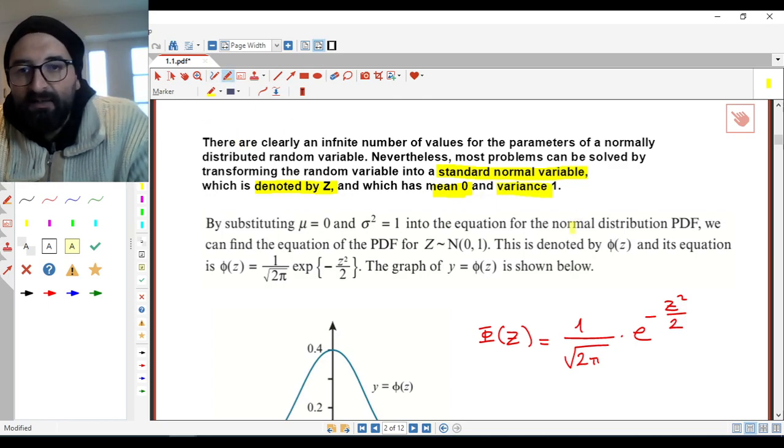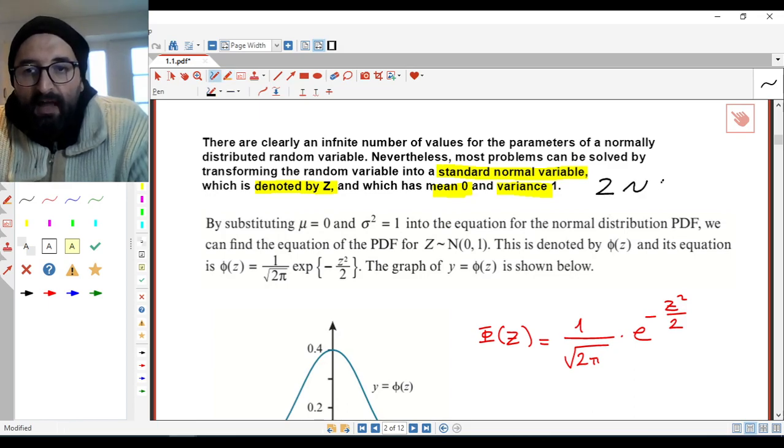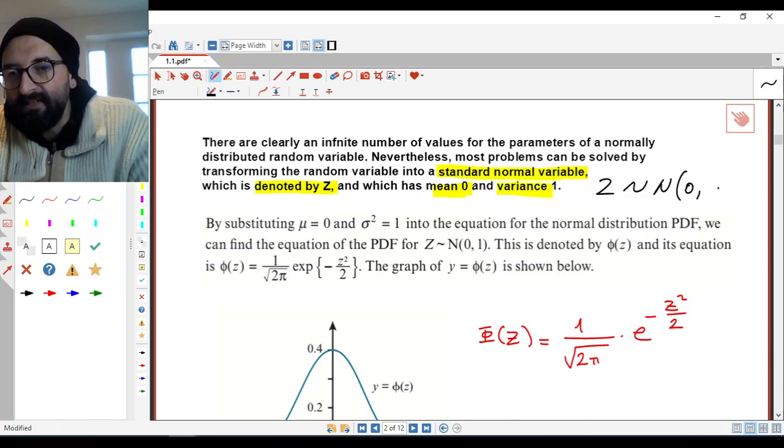Then we can say that z is normally distributed, where the first parameter mu is 0, and the second parameter, the variance, is 1.